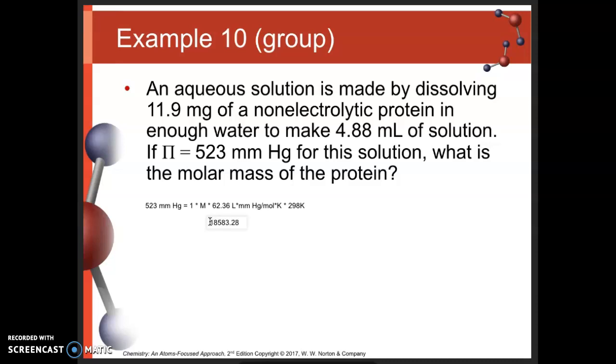18,583.28 liters times millimeters of mercury divided by moles times M, or unknown, is still equal to 523 millimeters of mercury.